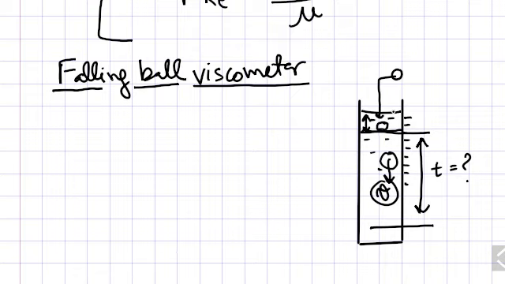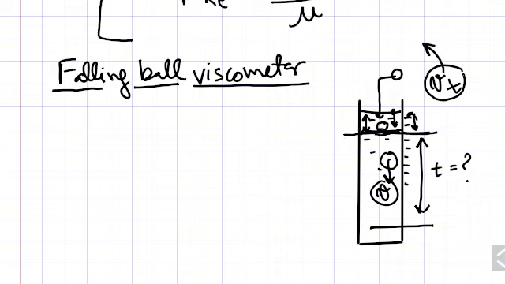When it starts falling, its velocity will increase, but after a certain time it becomes stable. That's why we take the velocity after some distance, so that we are sure it is the terminal velocity, called Vt. So when we have measured the terminal velocity with this equipment, we can put it in the Stokes law to find the viscosity of the fluid.